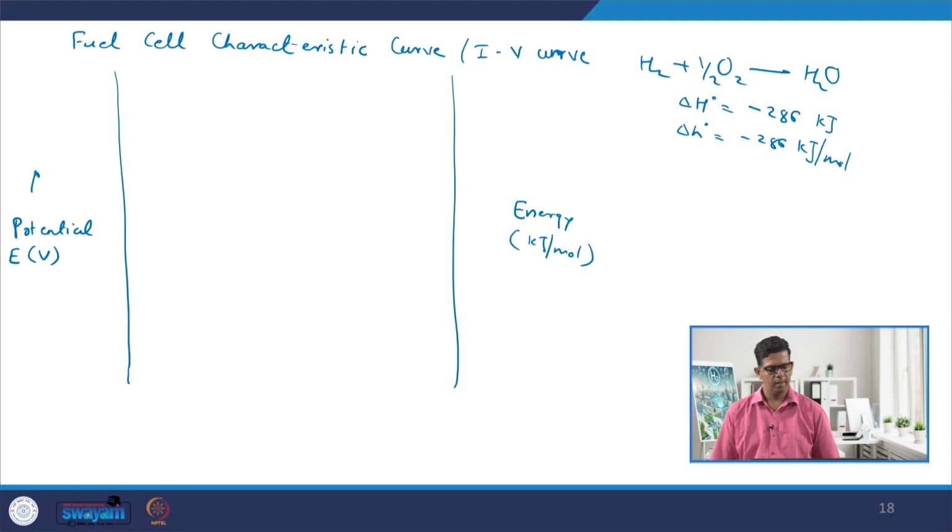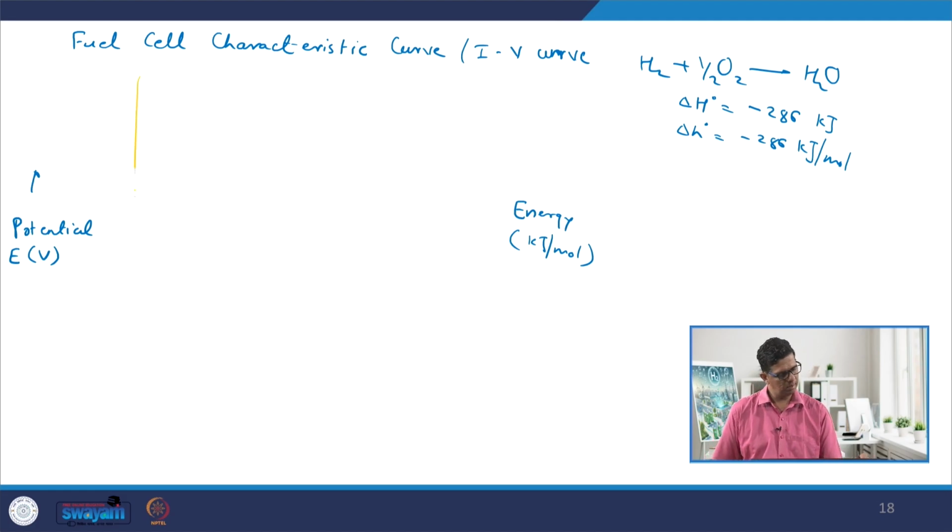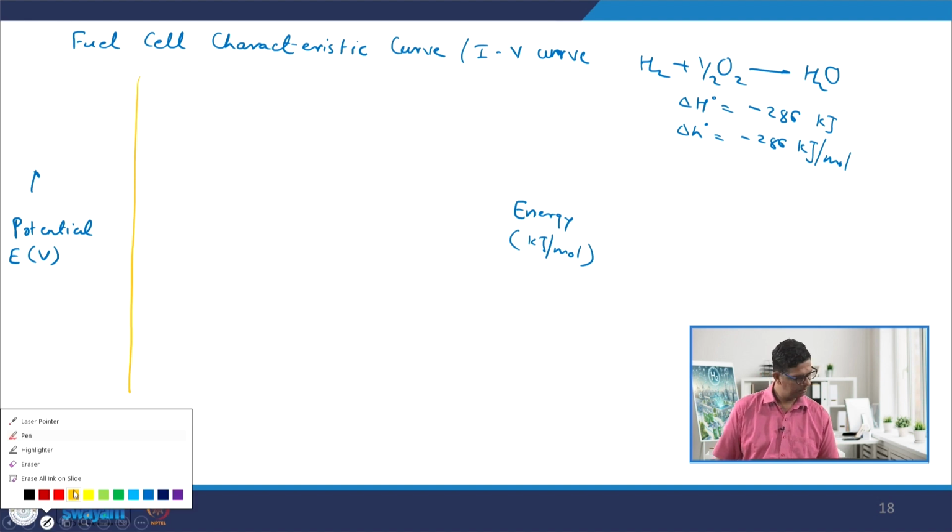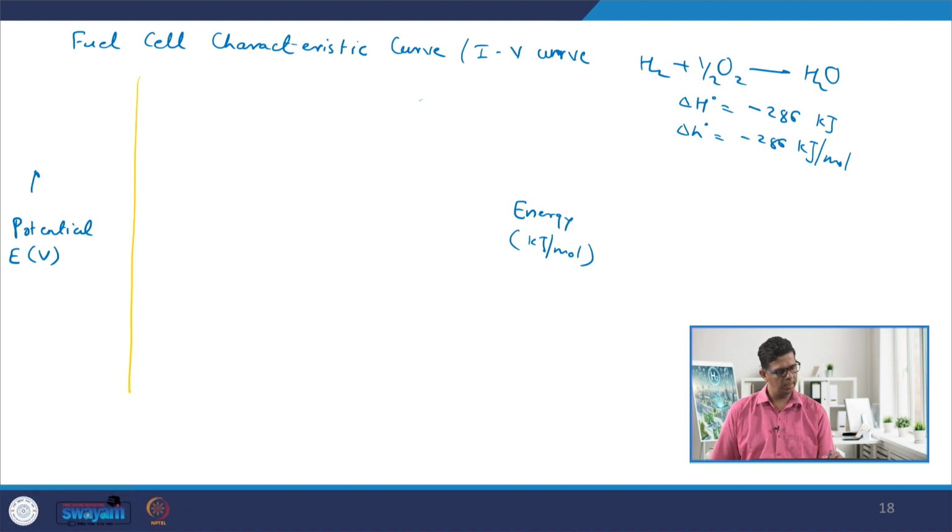So, if I start with the maximum energy content, which is minus 286, this is my potential curve, and this is my energy vertical. This is my maximum enthalpy, maximum energy content, minus 286 kilojoules per mole.